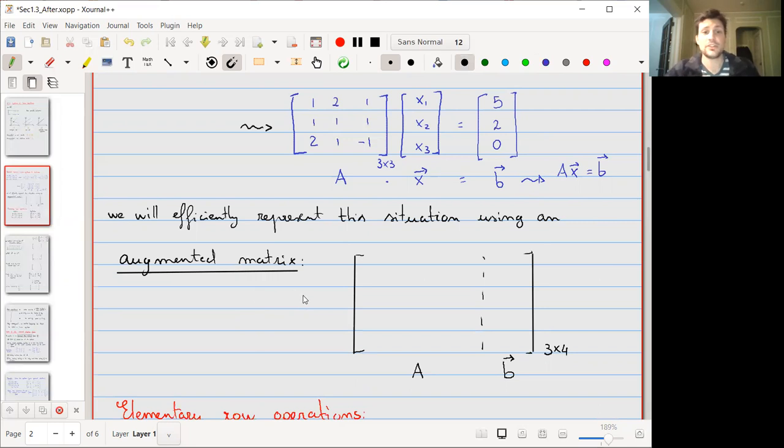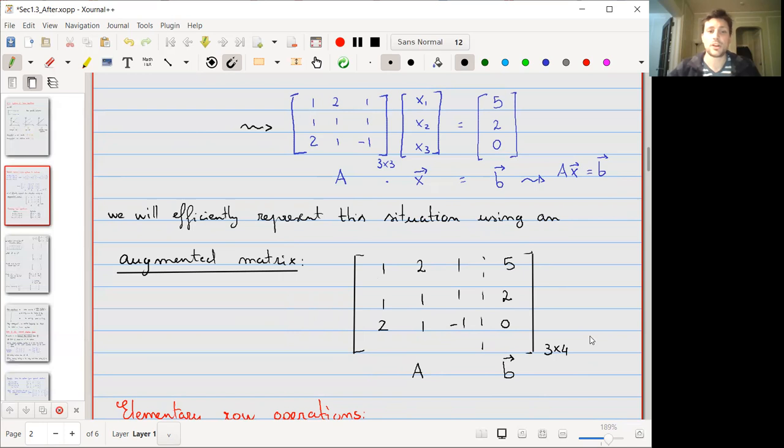This matrix is obtained by taking the matrix of coefficients and sticking on the right the vector containing the constant terms. So notice that when we started from a matrix A, which was 3 by 3 in our case, the augmented matrix will have one block that looks like A and one extra column. So its size is going to be 3 by 4.